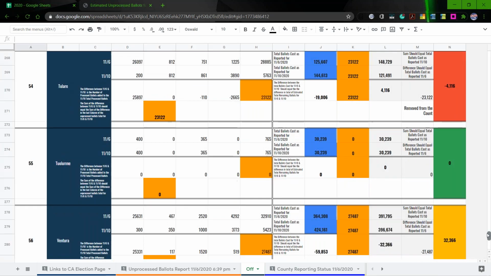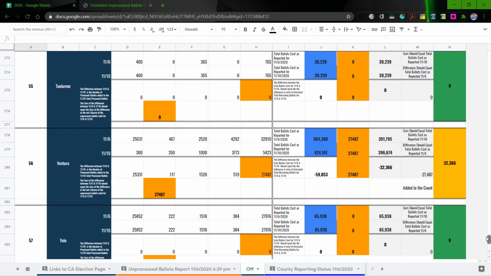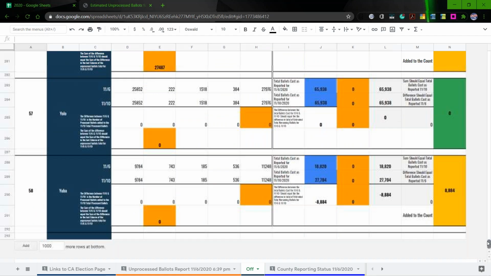And as a side note, 41 out of 58 of our counties use Dominion machines. Dominion also is affiliated with ES&S, which is in 5 of our additional counties, as well as Hart Verity, which is in an additional 11 of our counties, and only 1 county doesn't use any of those 3.